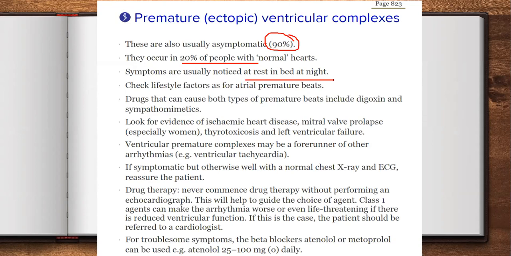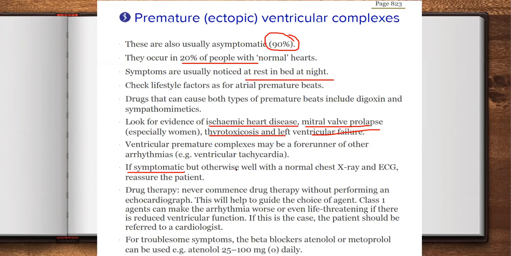More common when the patient is at rest in bed at night. Usually, if it's an elderly patient, we try to find out any evidence of underlying ischemic heart disease, mitral valve prolapse, thyrotoxicosis, or left ventricular failure.